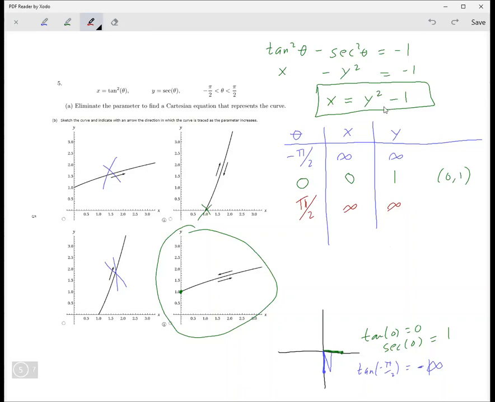So it's just this part of the parabola. That's really weird.